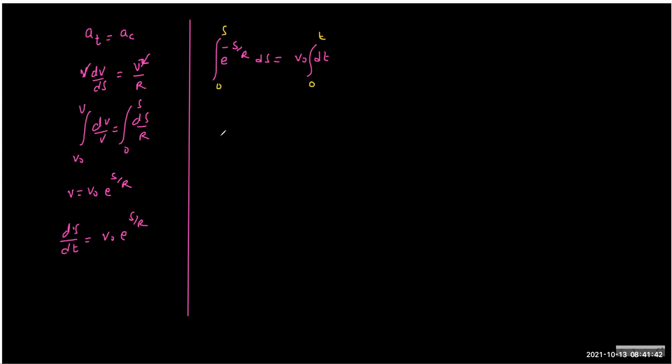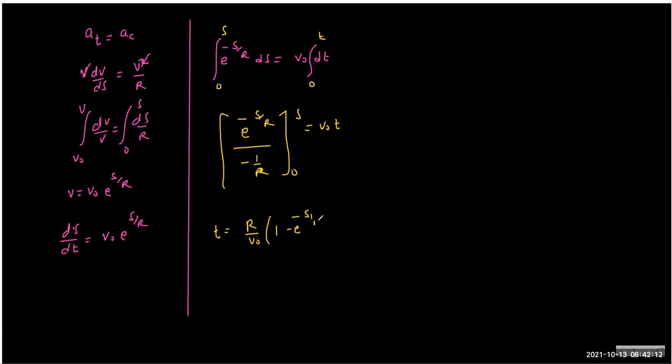So s is the variable, so minus 1 by r... If you integrate, you get e power minus s by r, and you divide by the coefficient, which is minus 1 by r. Then put the limit, so that the value of t will be r by v naught. Of course, you get the same answer. This is also one way of getting the answer.